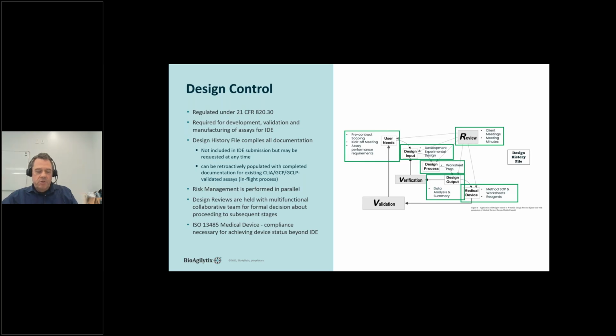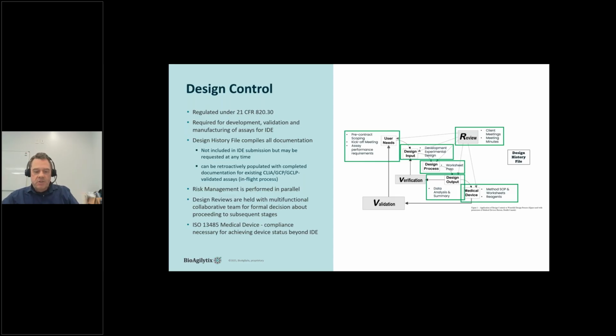And at that point, once the user needs are agreed upon, the design inputs progress from that, and those are more detailed considerations of method, materials, assay procedure, the performance parameters to be tested, and the experimental design for those parameters, and also then specific acceptance criteria.